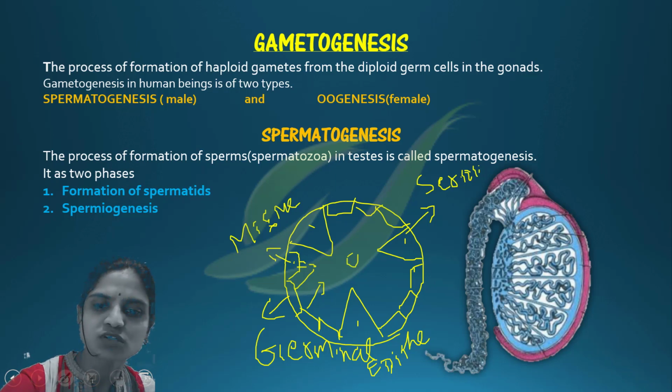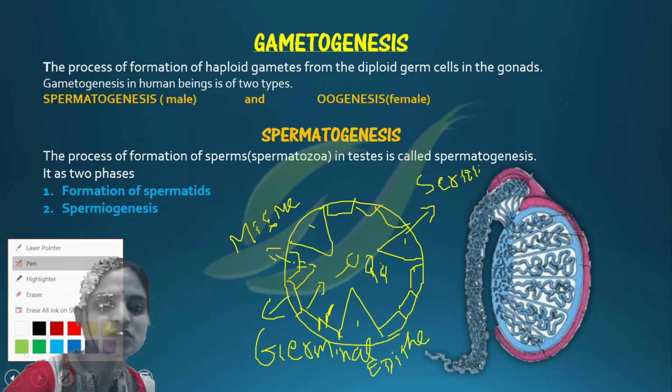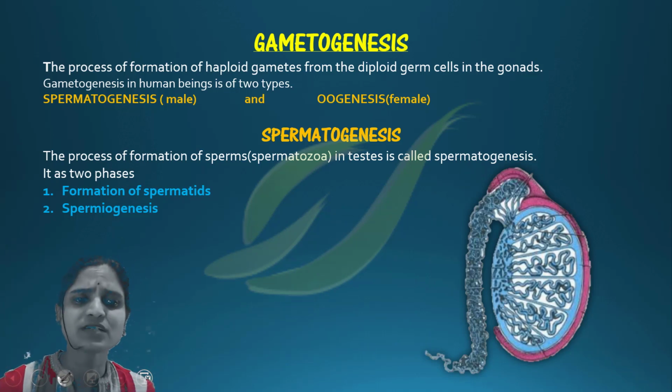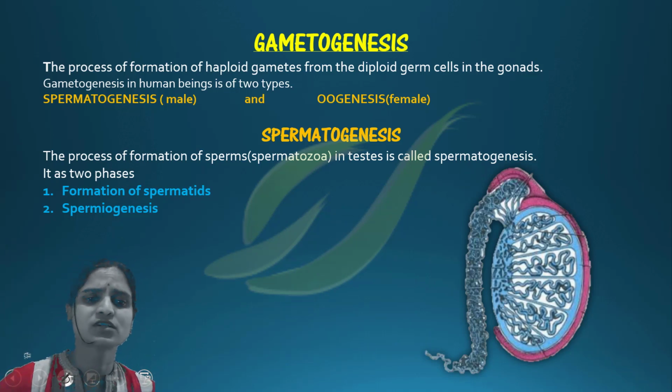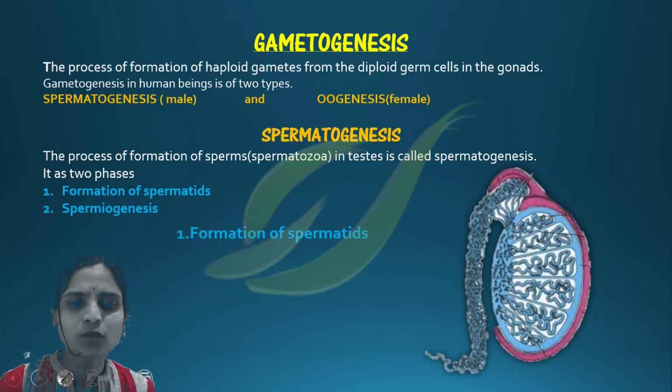We are going to study how these germ cells produce the sperms. The production of sperm takes place in two steps: formation of spermatids and spermiogenesis.